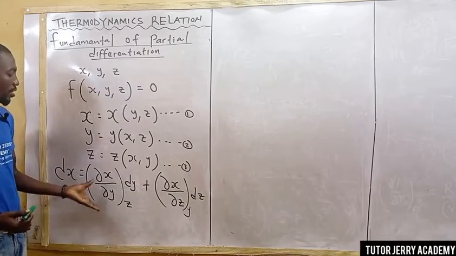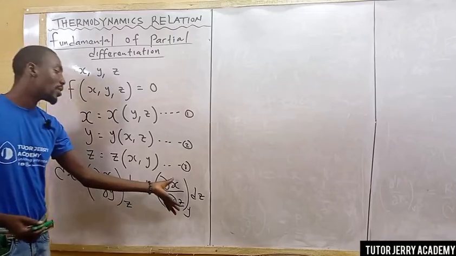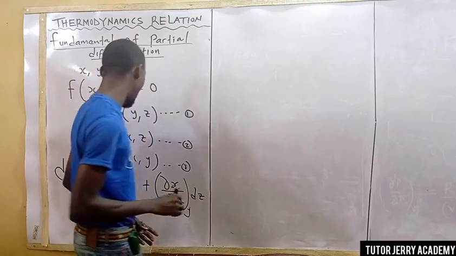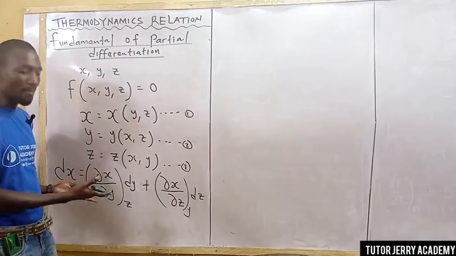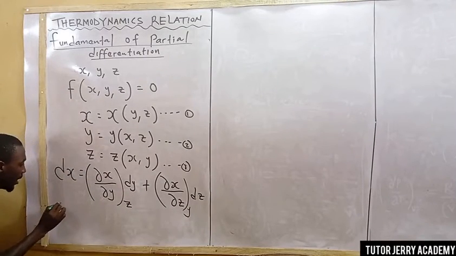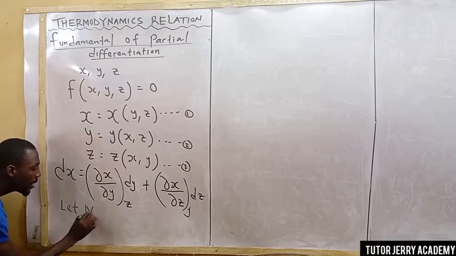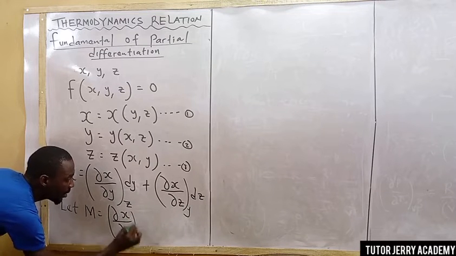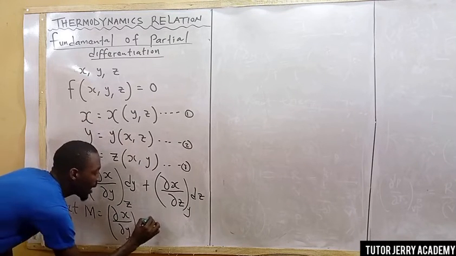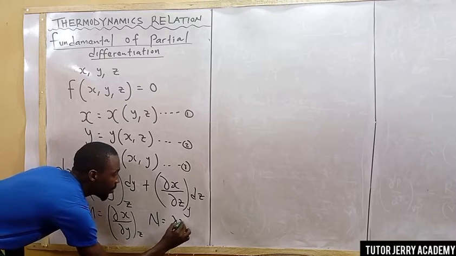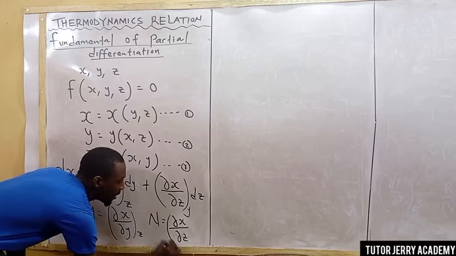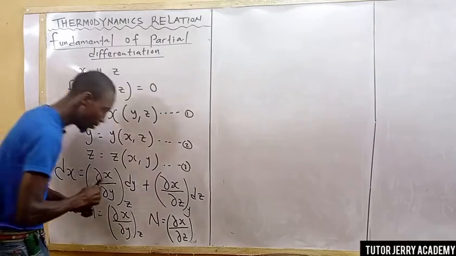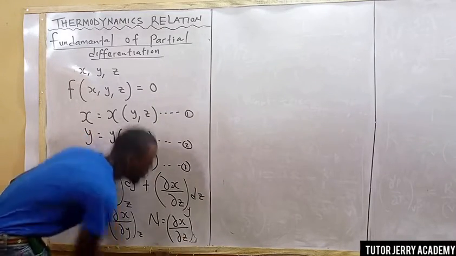Next thing is, we are going to replace what is here with M, and what is here with N. So let M be equal to the partial differentiation of x with respect to y, keeping z constant, and N to be equal to the partial differentiation of x with respect to z, keeping y constant. Sorry, this is y. Don't know why it's not showing.